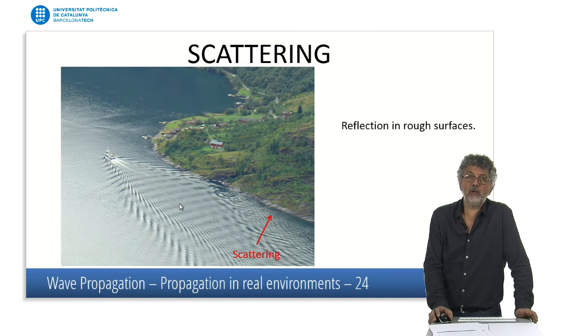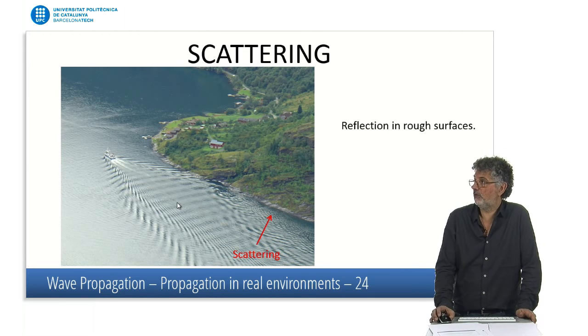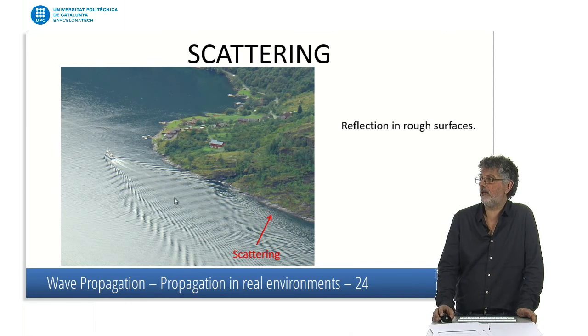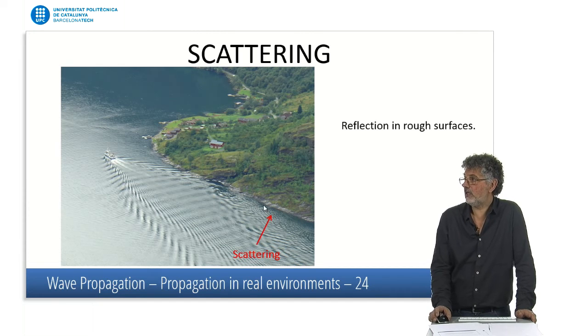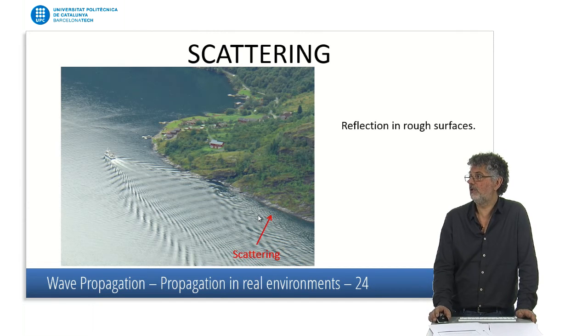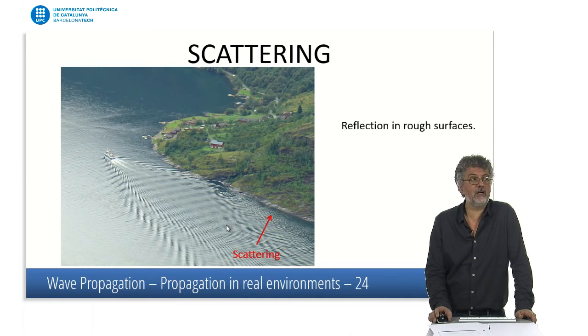Now, of course, when we talk about wave propagation, electromagnetic waves are not the only sort of waves we can find. So for instance, we have been talking already about scattering. And maybe here you can see a nice picture of what scattering is. Here we have a wave incident to this rough surface, which is the rough surface of this shore, and you can see that we don't have a clear reflection, but we have multiple waves coming out from that reflecting surface.